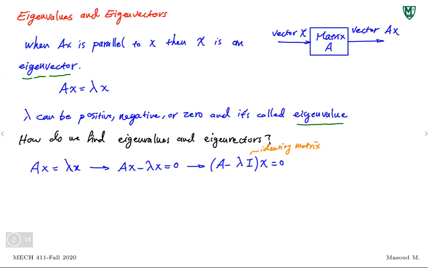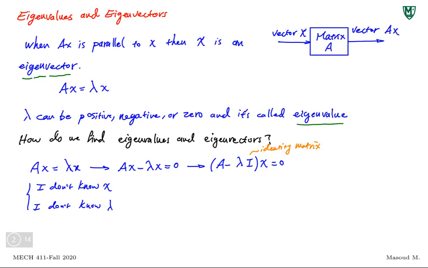All right. Now I don't know x and I don't know lambda. This is an equation where two things are unknown, and I want to find them.